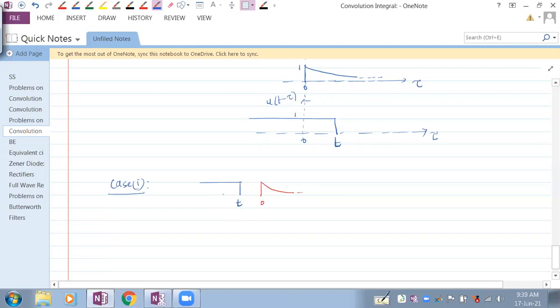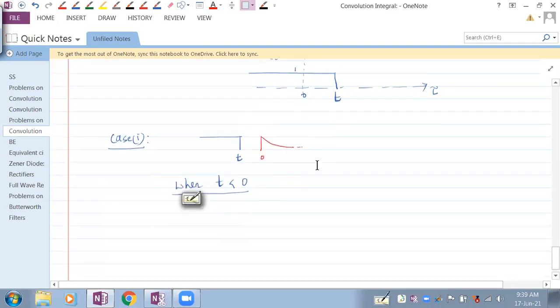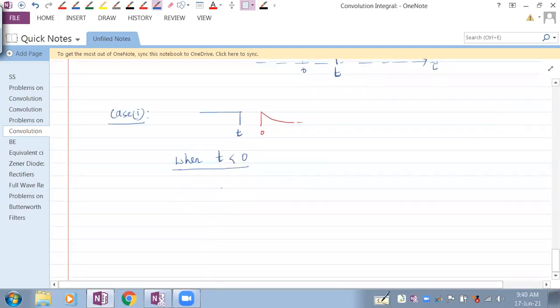So when would there be a no overlapping case? When t is less than 0. Case number 1. When t is less than 0, there is no overlapping. That means no players are handshaking, that example.